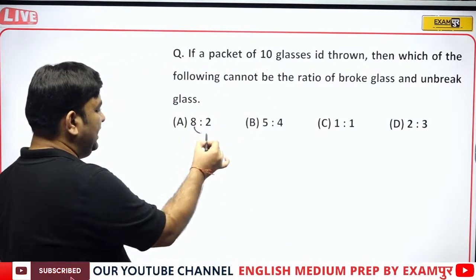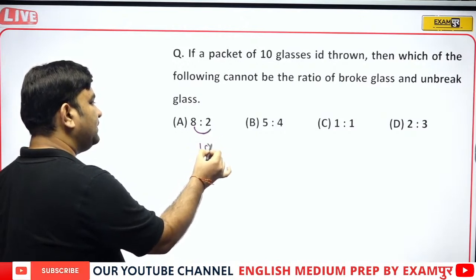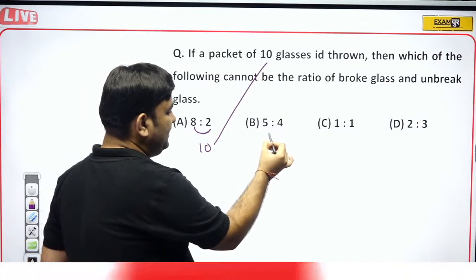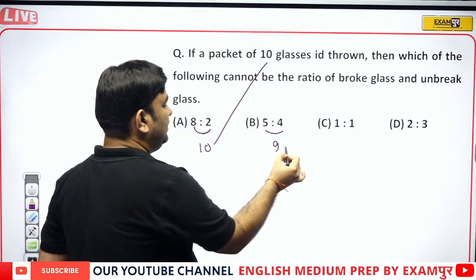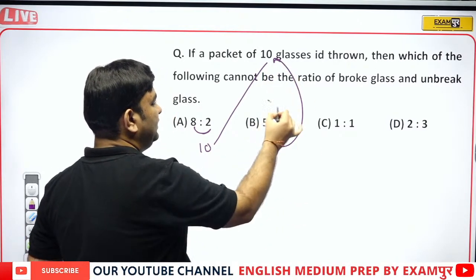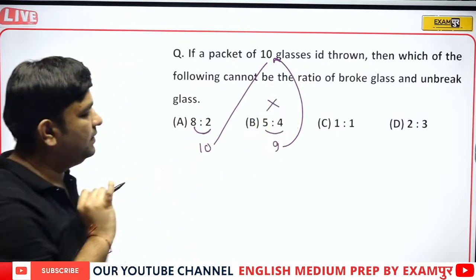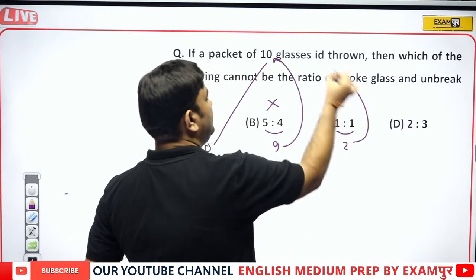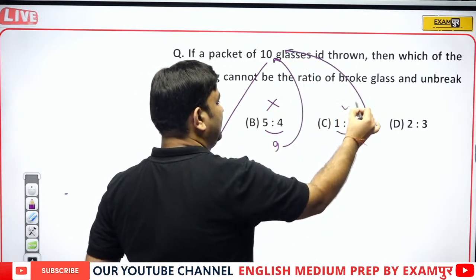If they maintain 8:2, total is 10, which is an integer. If they maintain 5:4, total is 9, and 9 is equal to 10, which is non-integral. If it is 2, 2 is equal to 10, 1 is equal to 5, integral.